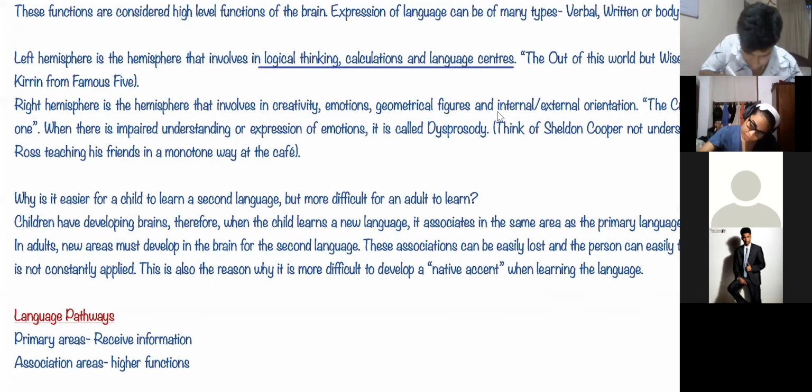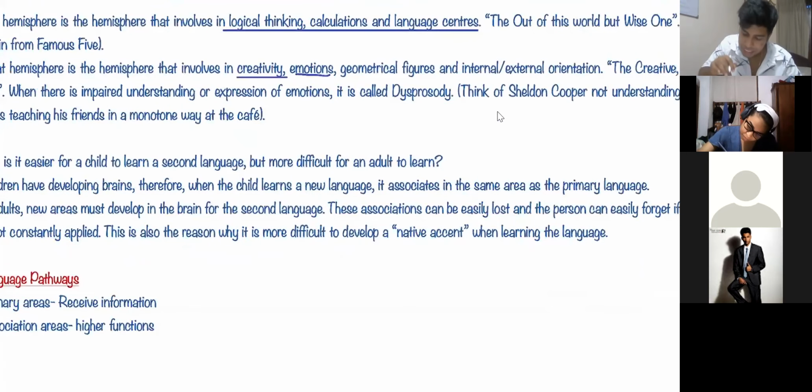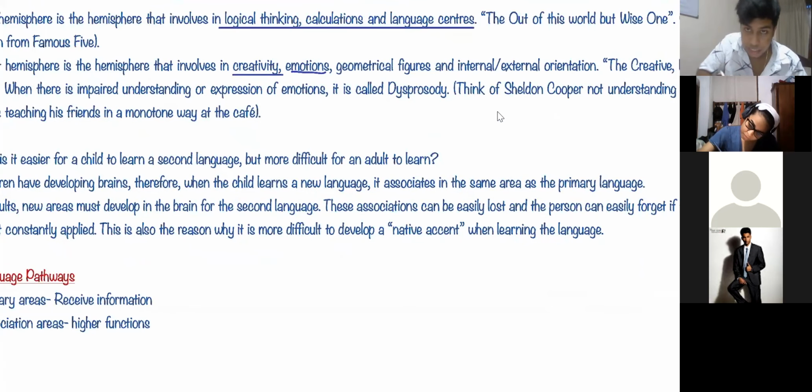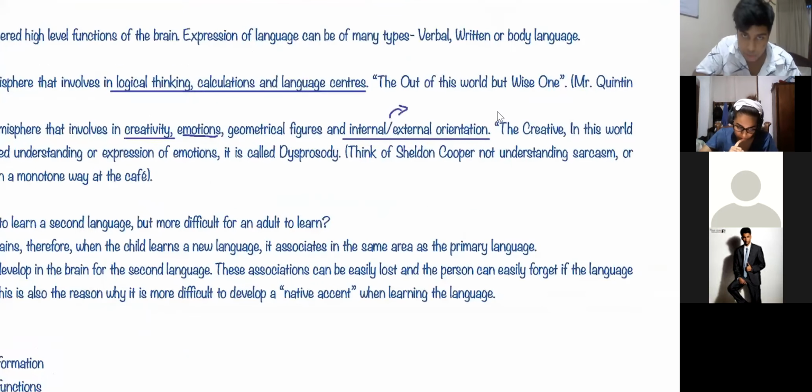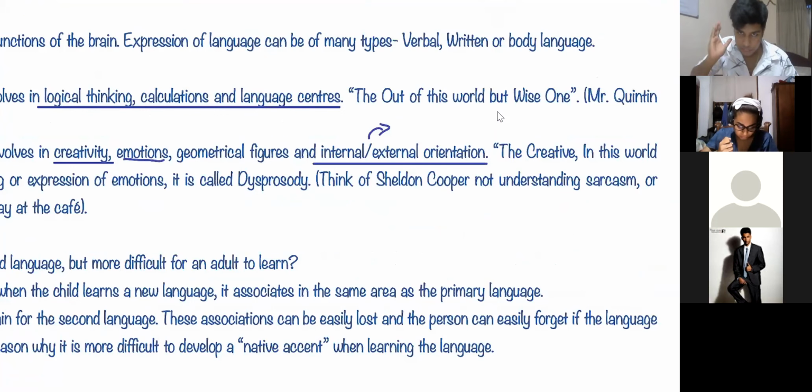The right hemisphere is involved in creativity, emotions. So this should tell you guys more about me. Geometrical figures and internal external orientation. What does this mean? Let's say a person has damage to the right hemisphere.